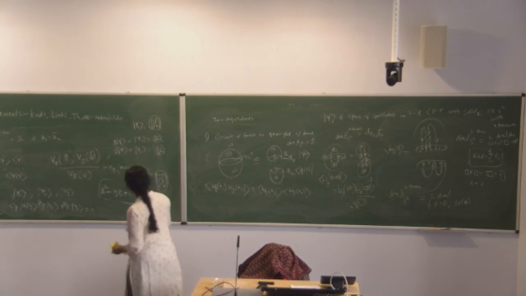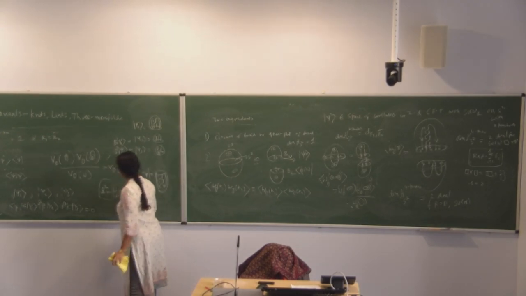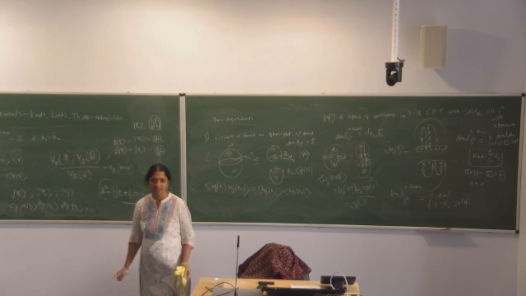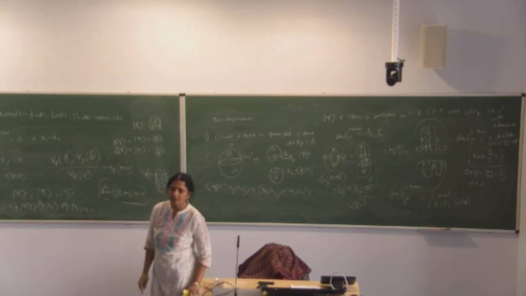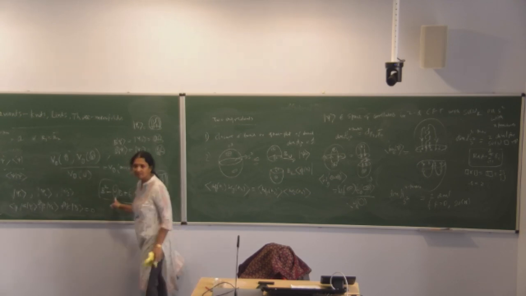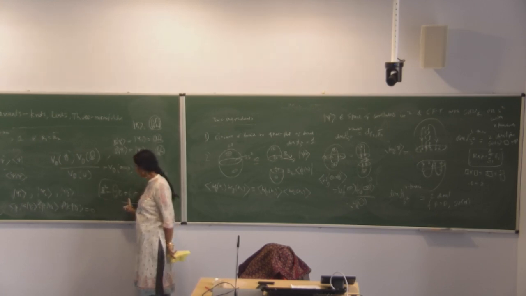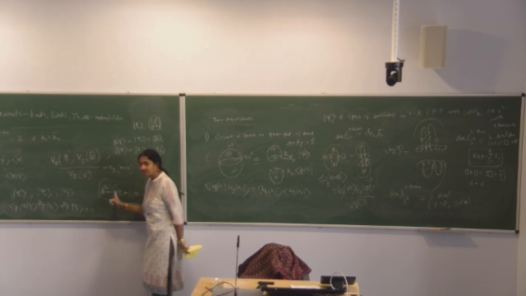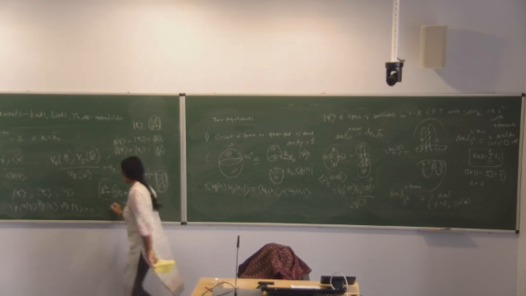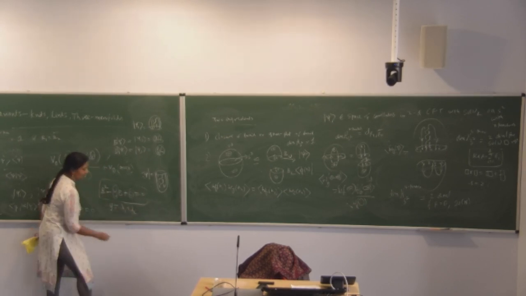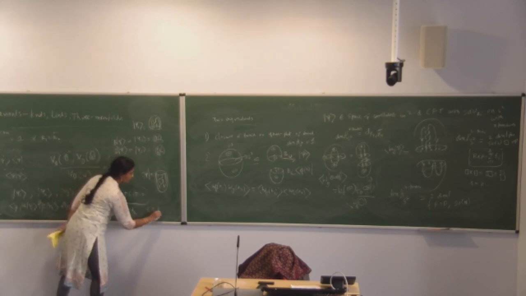So what will these Y and C be? If I know the eigenvalues of these matrices, Y will be the sum of the eigenvalues, right? It's like a root of a characteristic equation, and this one will be a product of eigenvalues. Is this clear? So Y will be lambda 1 plus lambda 2, and C will be lambda 1 lambda 2.